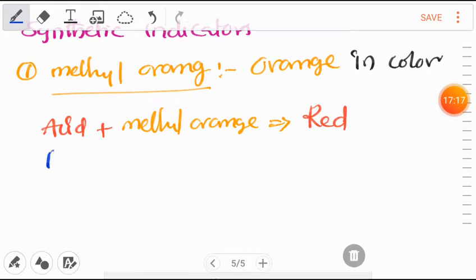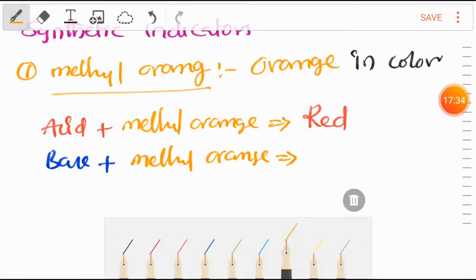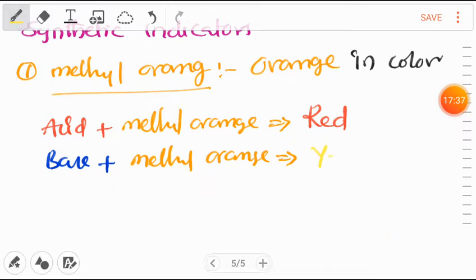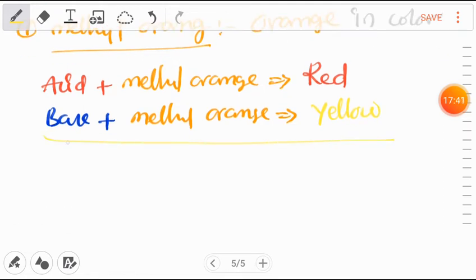And if you take base plus methyl orange, it gives yellow color. So it's very important.